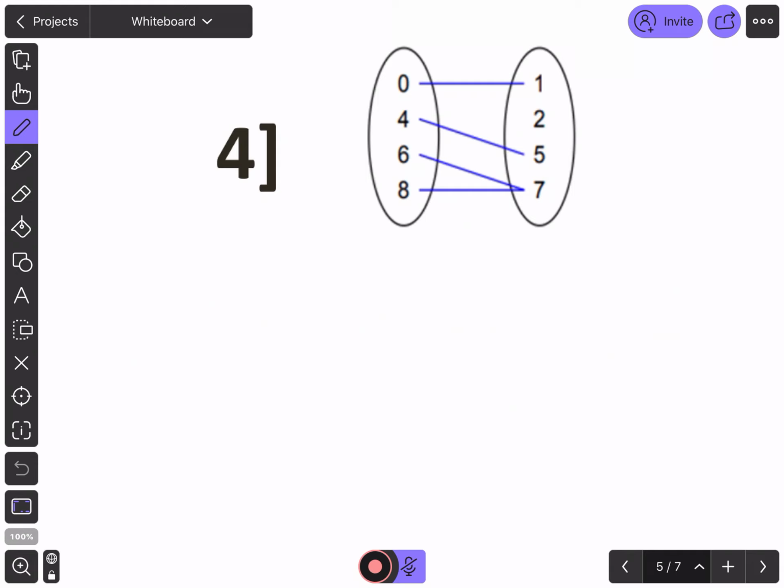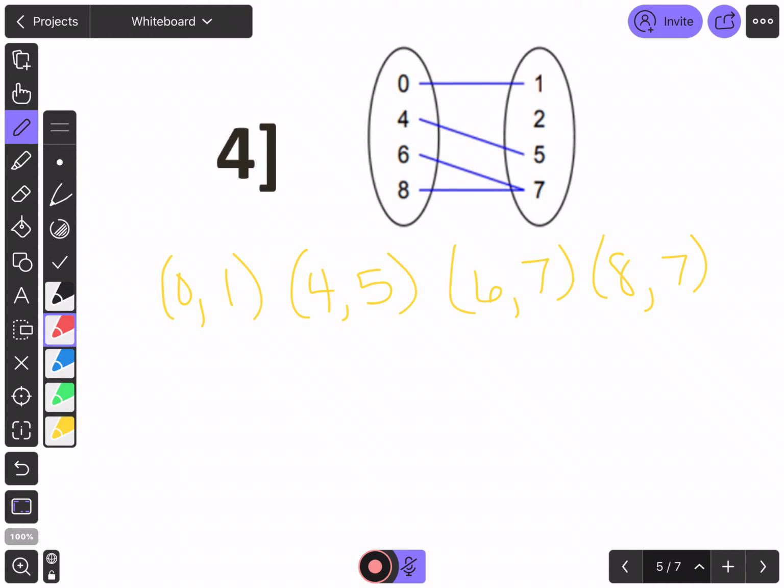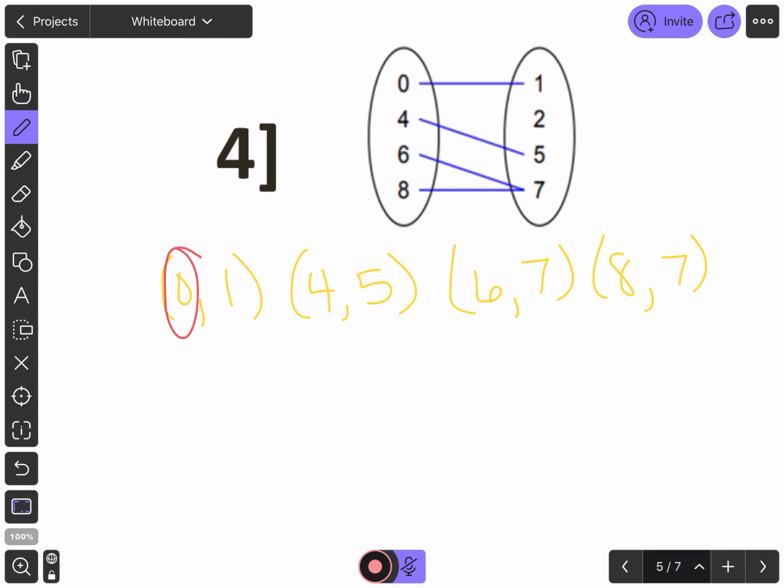Look at this mapping diagram. We can again make a set of ordered pairs out of this mapping diagram. We'll start with 0. 0, 1. The 4 shares with the 5. The 6 goes to the 7. And the 8 also goes to the 7. Again, we're only paying attention to the x values.